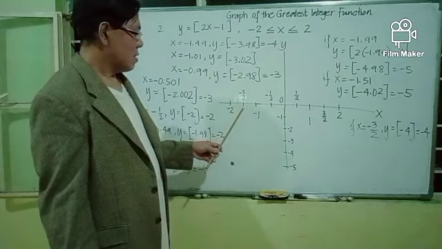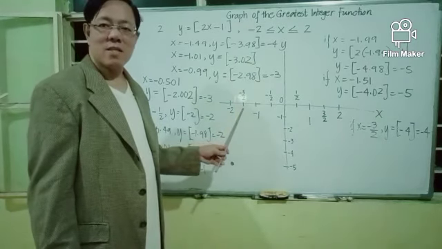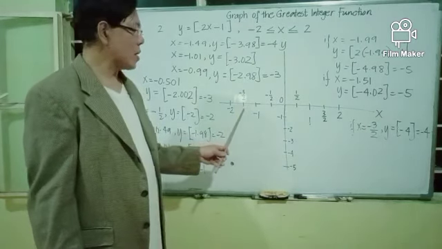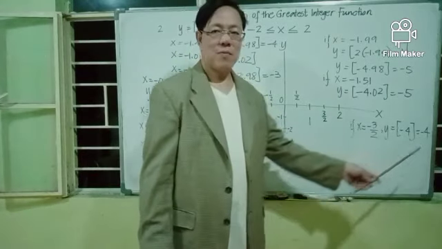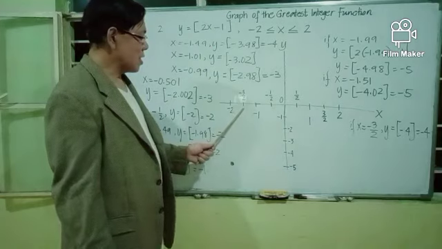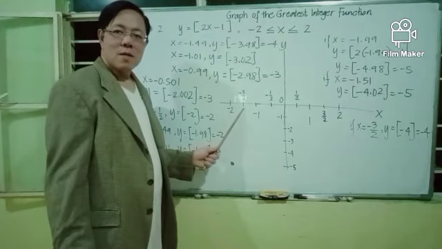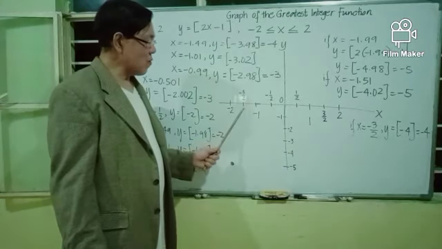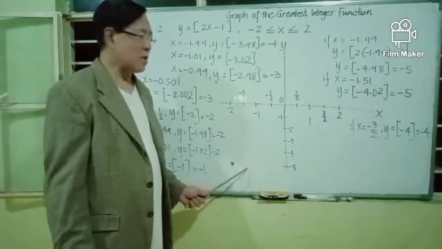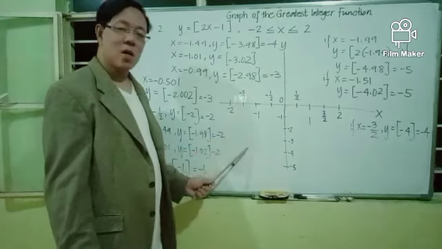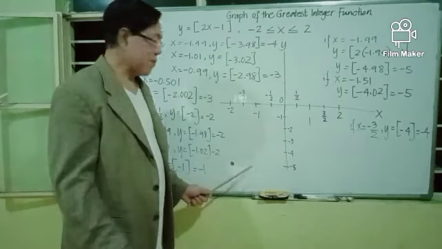But not at x equals negative 3 over 2. At x equals negative 3 over 2, the value of y is negative 4. So to indicate that if x is negative 3 over 2, the value of y is not negative 5, we draw an open circle at the point negative 3 over 2 and negative 5.